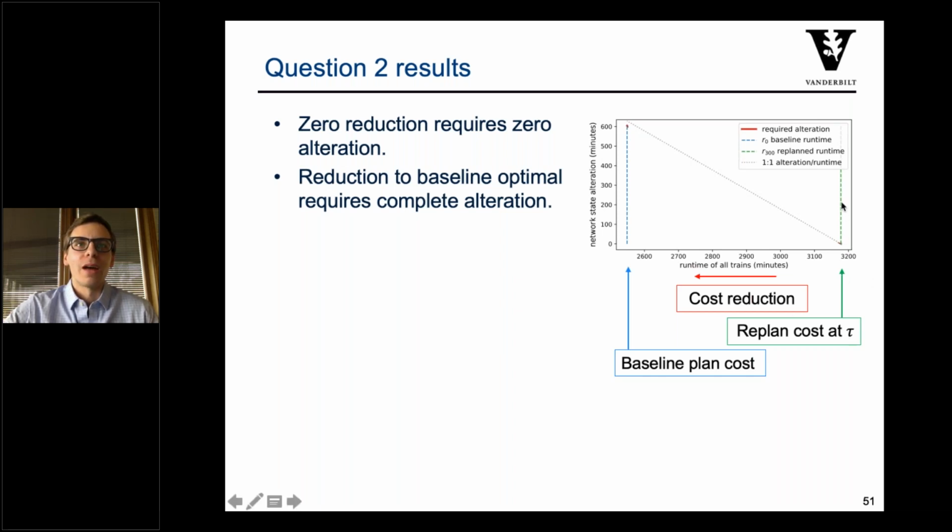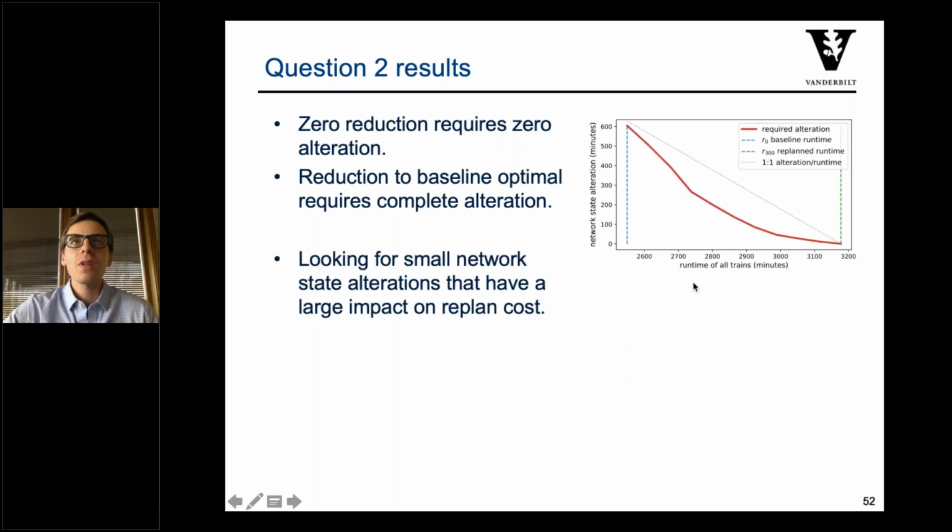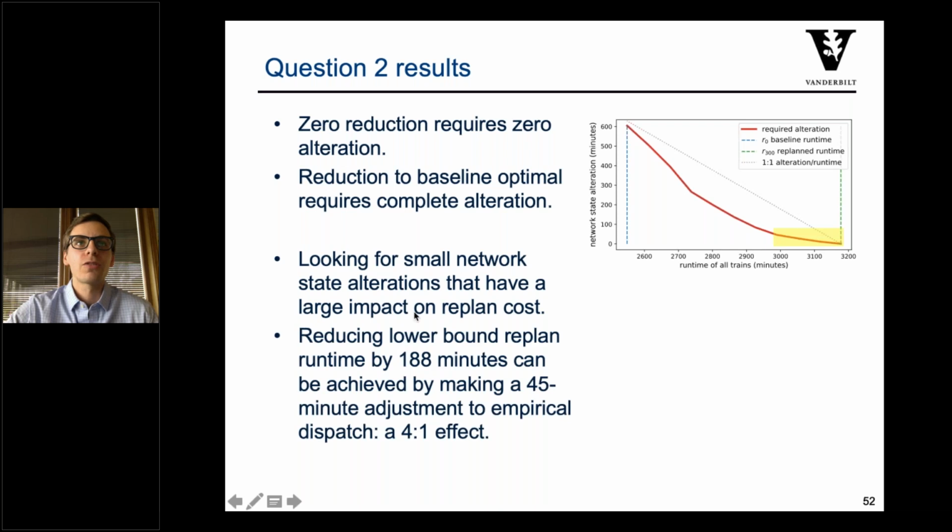But of course, we have this replanning cost at time tau. We've inverted the axes here, but we're trying to get back down closer to the baseline plan cost. So modifying the network state again to reduce that dispatching cost. And we're really looking for small changes in the network state that have a large impact on cost.